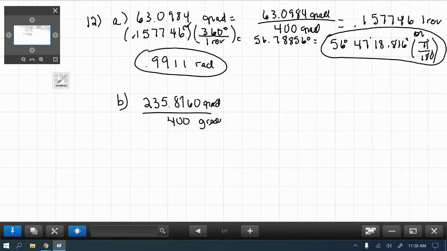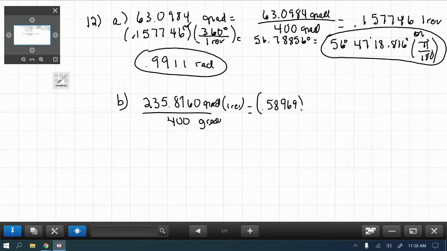That leaves me with one revolution. What'd you get for that, when you took 235.876 divided by 400? 0.58.